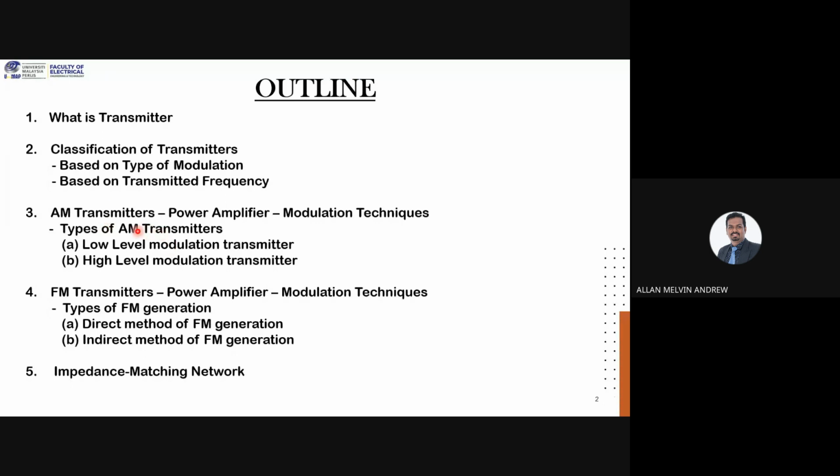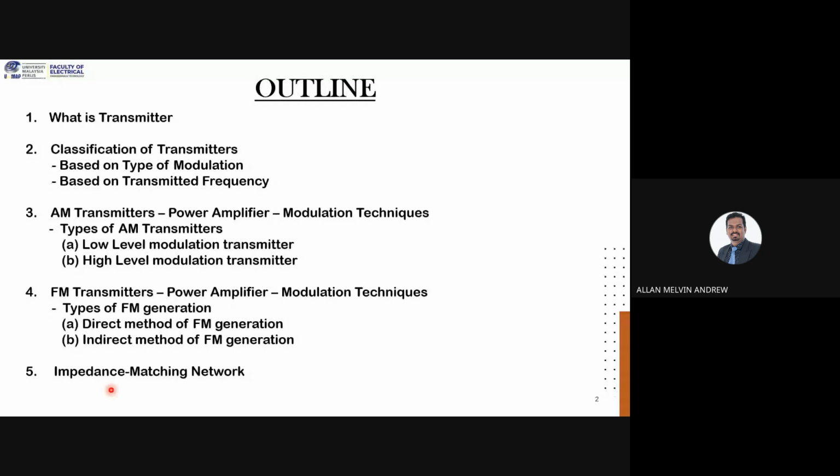We'll be looking especially at the construction of the electronics. We also will be looking at frequency modulation transmitters, and what the differences are between the other types of transmitters. And the last part of this chapter will be on the impedance matching network.